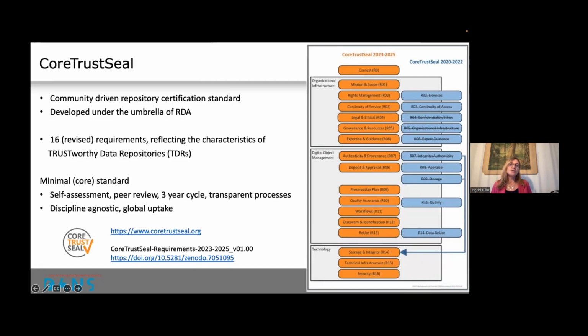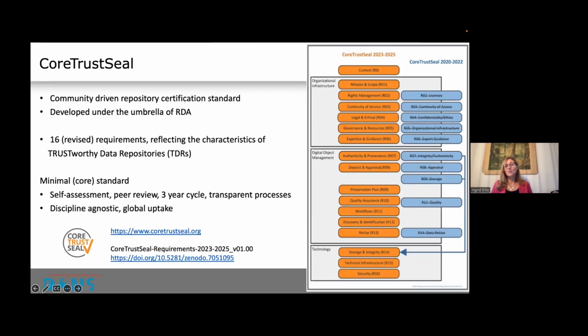Another example is the community-driven repository certification standard called CoreTrustSeal, again developed under the umbrella of the Research Data Alliance. And that provides a core standard certification that repositories can acquire based on 16 requirements that you see here on the screen around their organizational infrastructure, around digital object management and technology.